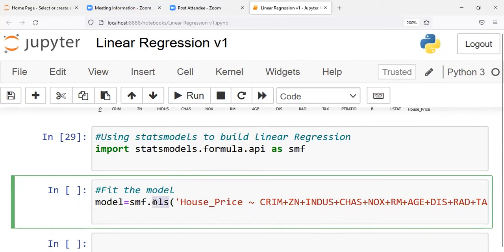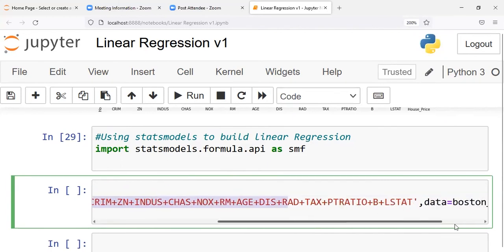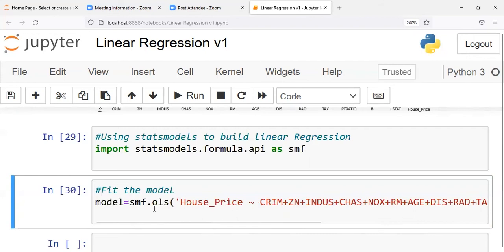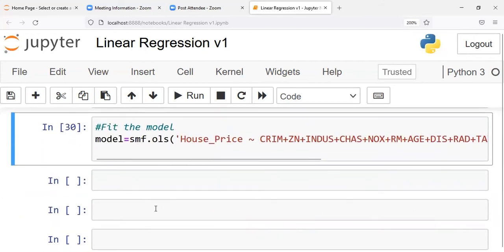OLS stands for ordinary least squares. I'm just using the dependent variable and using the tilde, and all the independent variables are listed here. Finally, I'm going to use the fit function to fit a linear regression model for this particular data set. We are not getting any error, which is a good sign because this indicates that our code has run successfully.